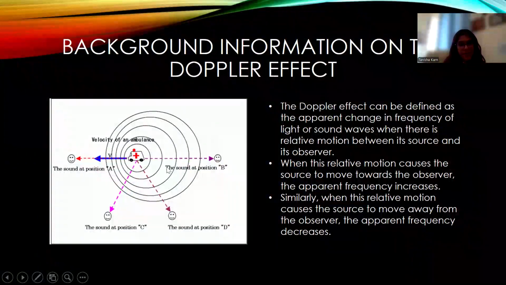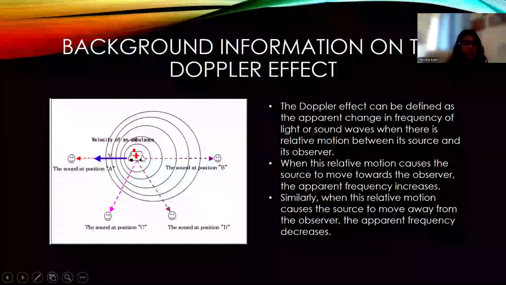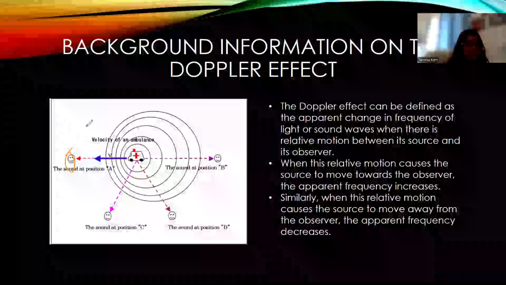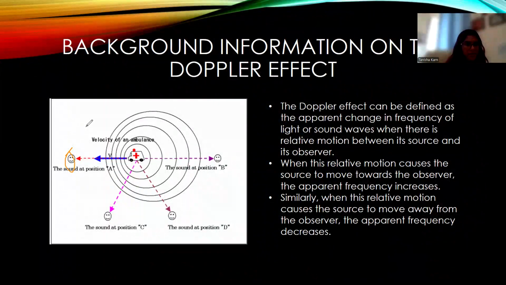So you could just take a look over here. This ambulance is moving towards an observer over here. So there is relative motion and the frequency of the waves seems more compressed, so the frequency increases.